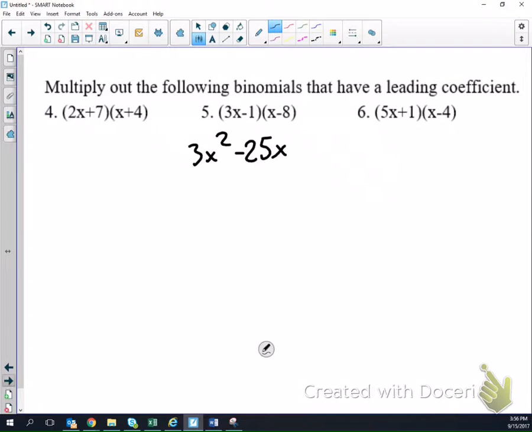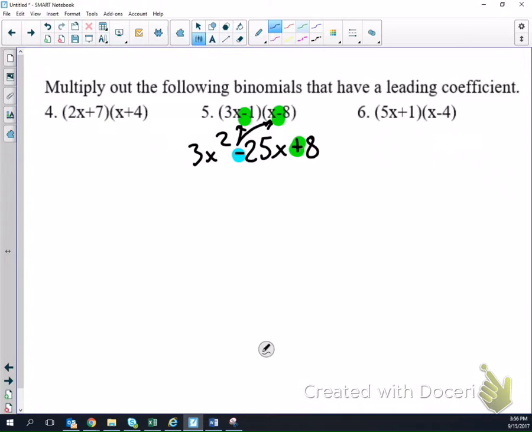And then negative 1 times the negative 8 is going to be positive 8. So once again, we see a few things that are familiar. We see that this was a plus, and we had the same sign. We see that this was a minus, which indicated to us that because both were the same sign, those were also minuses.